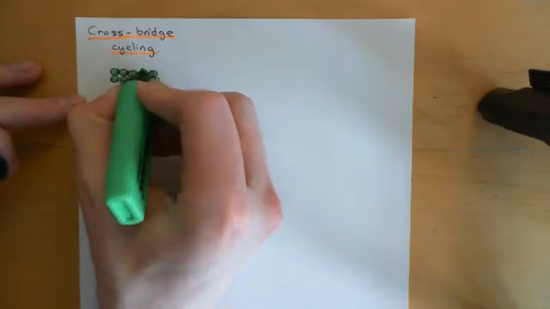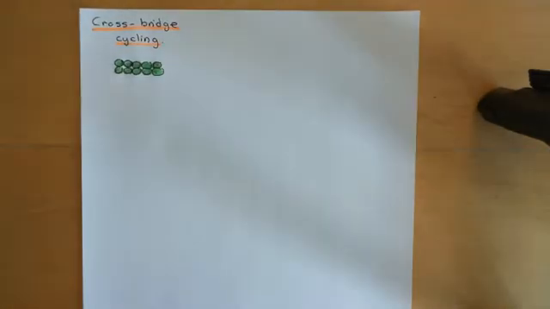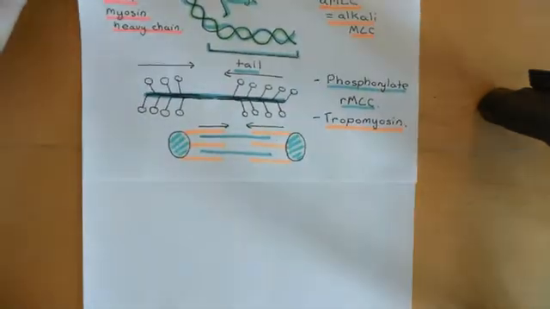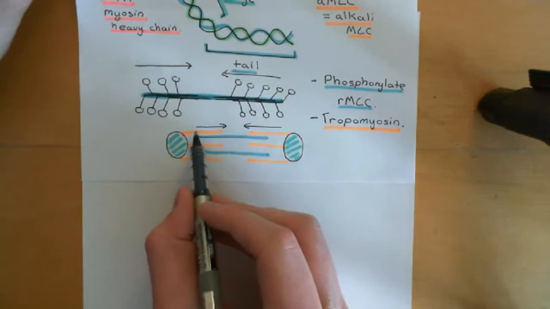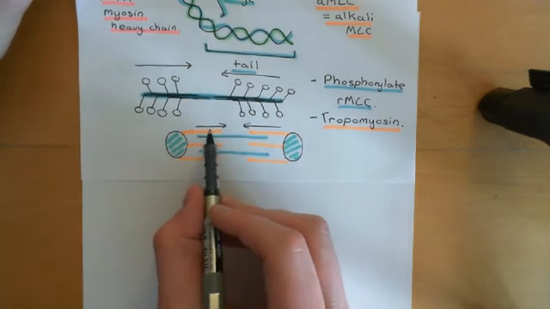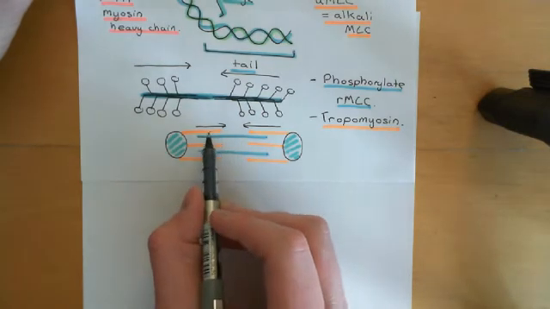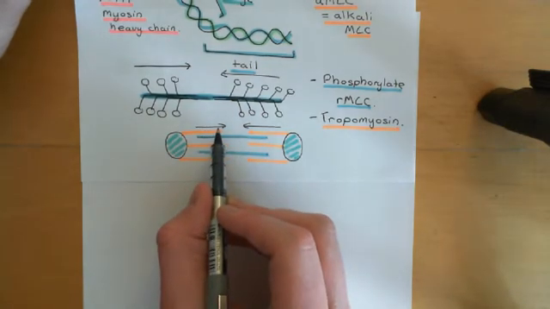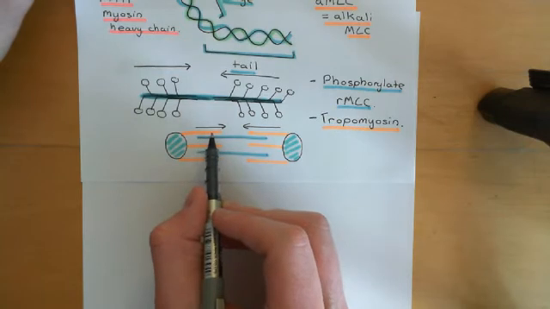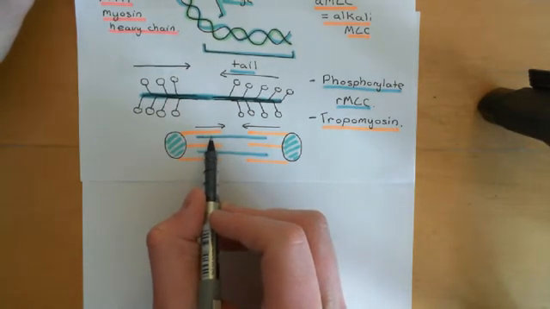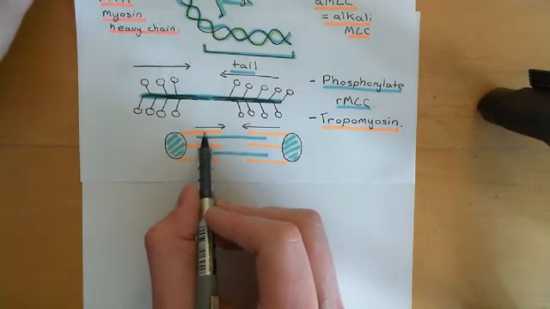Now I want to show you how a myosin head can interact with the actin filament. Before we even begin this process, I just want to make sure that one point is absolutely clear. When myosin filaments have an effect on an actin filament, when they pull the actin filament along, you have to remember that that is the combined effort of a huge number of myosin heads interacting with this actin filament.